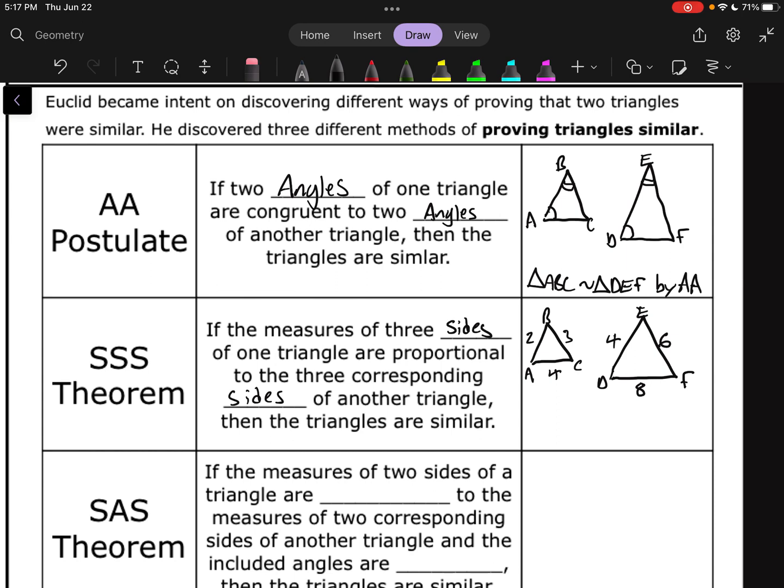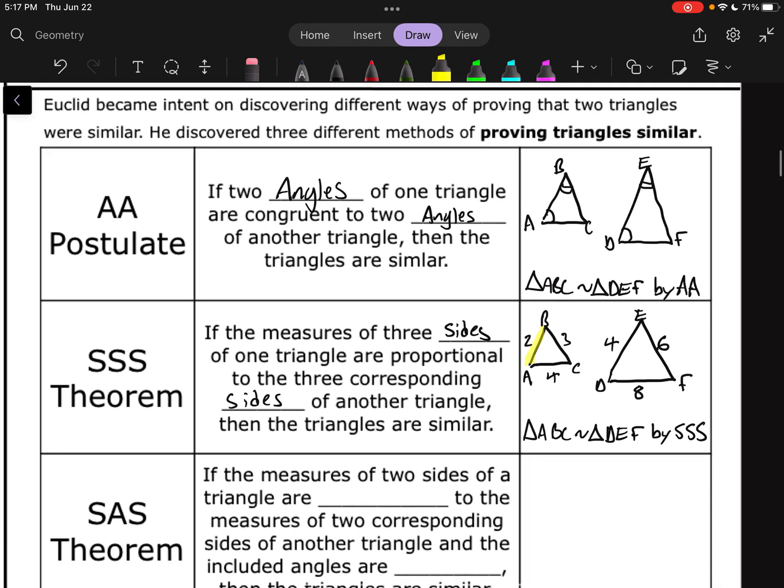So in that case, we could say triangle ABC is similar to triangle DEF by SSS. Right, and specifically we see 2 times 2 is 4, 3 times 2 is 6, 4 times 2 is 8, right? So that's what it means to be proportional.